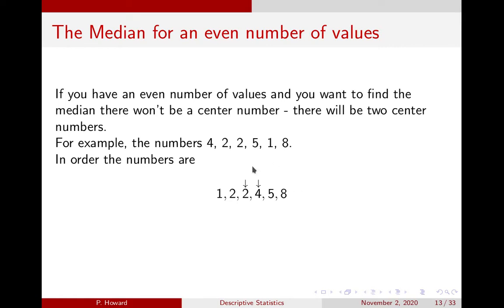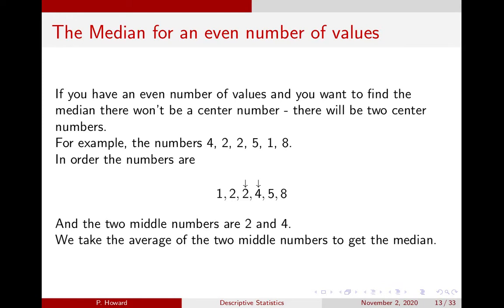There isn't a central number, but there are two center numbers, namely 2 and 4. The two middle numbers in the data are 2 and 4. And when you have an even number of data numbers like this, you take the average of the two middle numbers to get the median.